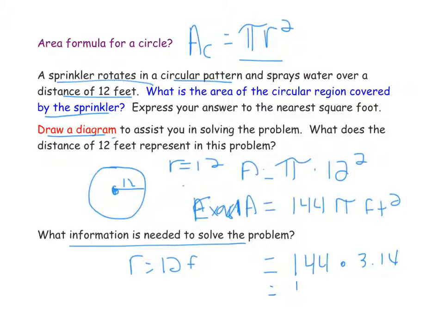And I came up with 452.16 feet squared. So again, I want you to include the formula, filling in the numbers, and then simplifying with the label.